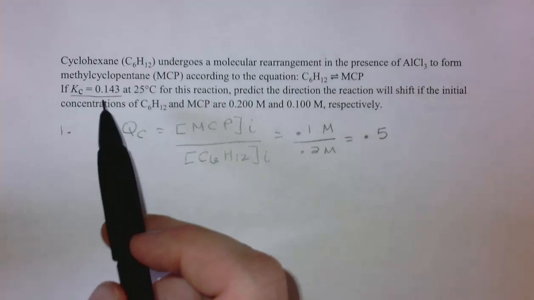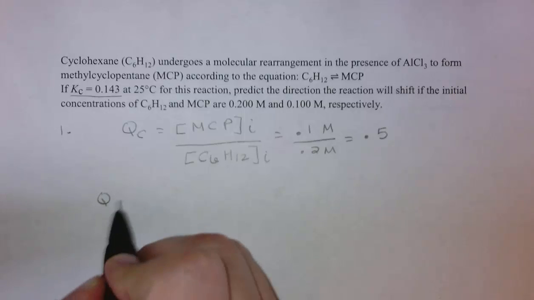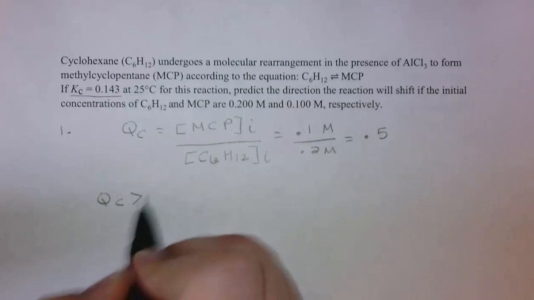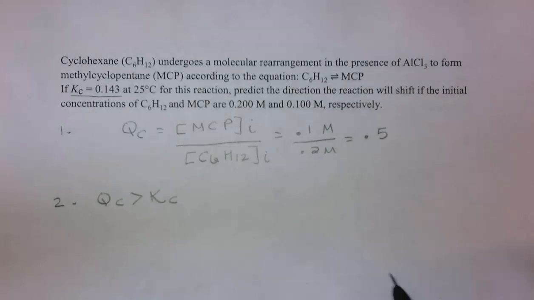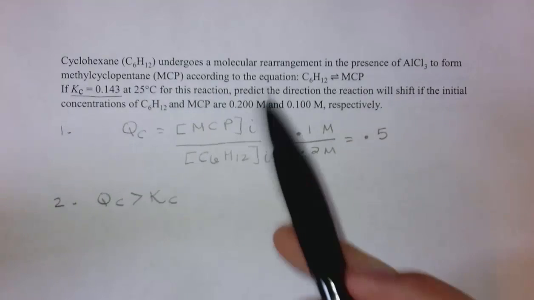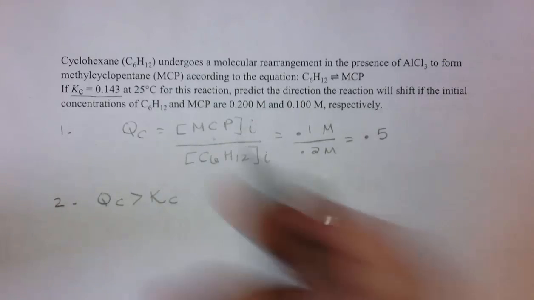So looking back at Kc, we can say that Q is greater than K. So this is our second point. This just means that there's more products present initially than at equilibrium, because to make Q bigger than K, we need more MCP, or more products.